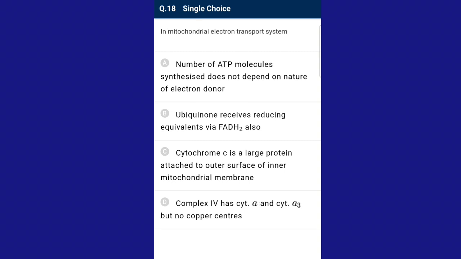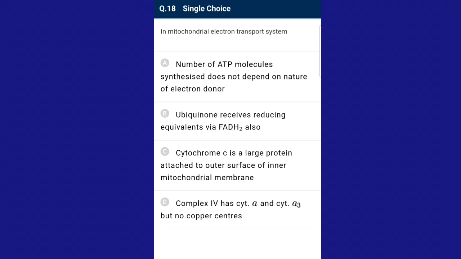Question number 18. In mitochondrial electron transport system, the electron transport chain consists of 4 different complexes such as complex 1, complex 2, complex 3 and complex 4. Complex 1 transfers the electrons from NADH to ubiquinone and complex 2 transfers electrons from succinate to ubiquinone.